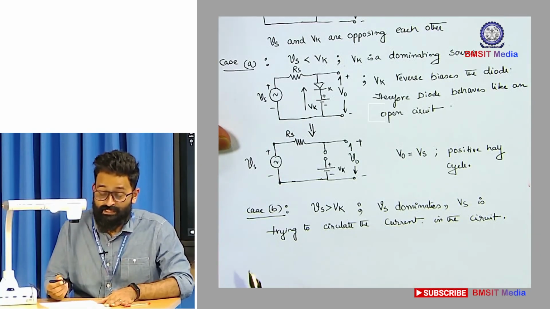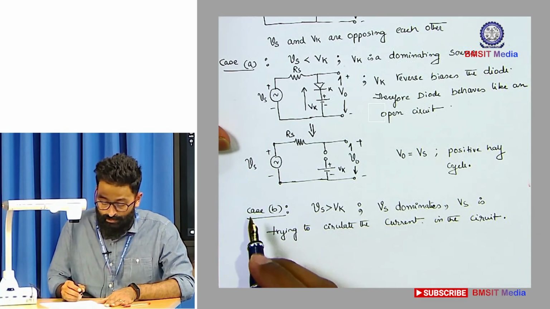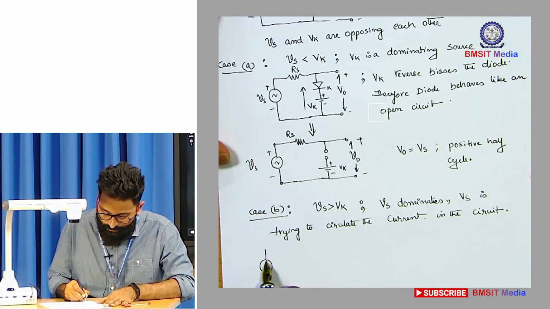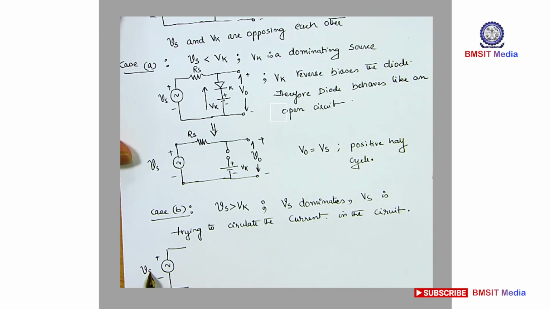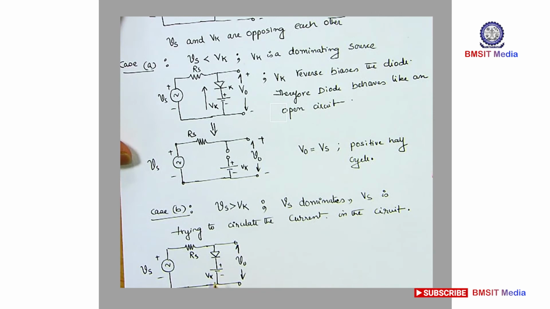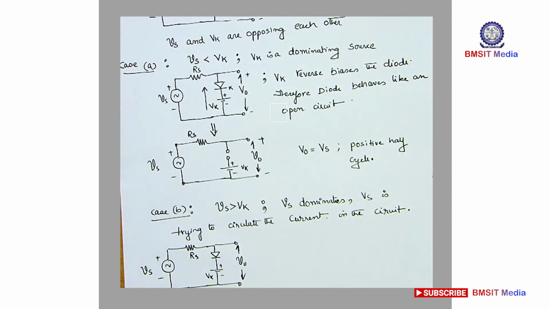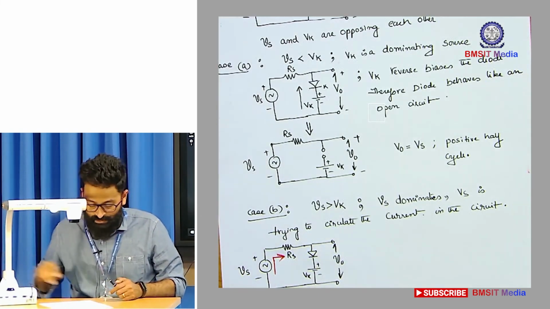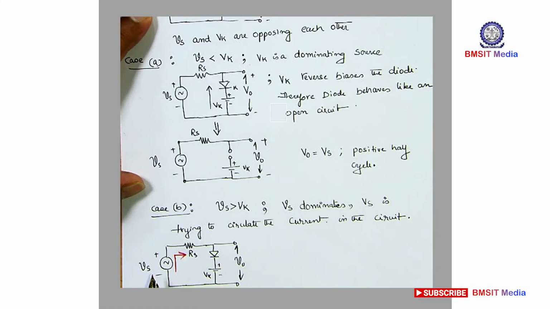Whether it is able to send the current or not is totally governed by the diode connection. So let us redraw the circuit. That's Vk, and Vs is the dominating source. So you can put the arrow in the direction of Vs, just to show that Vs is dominating in nature.